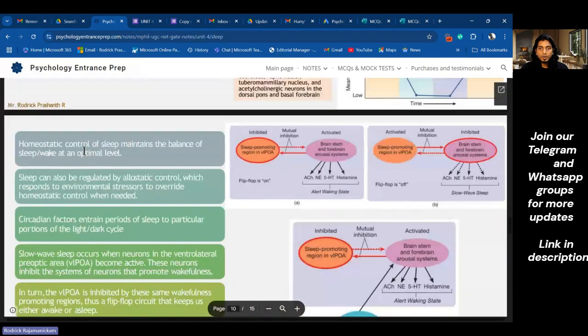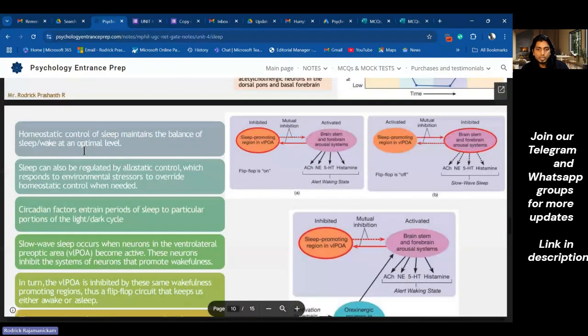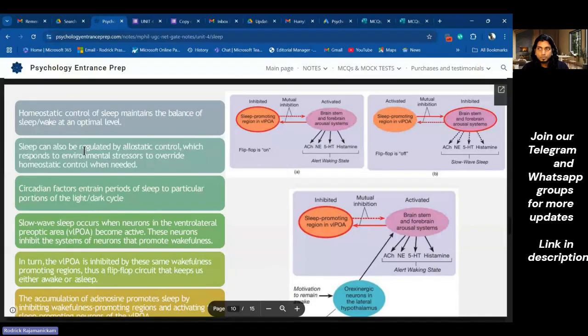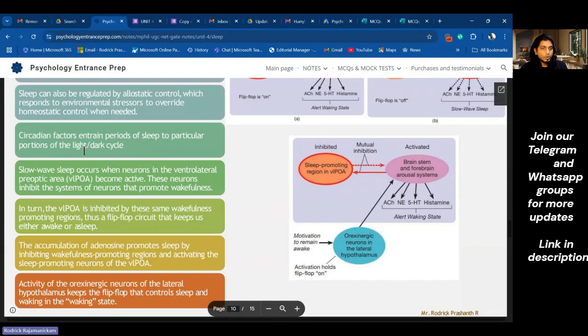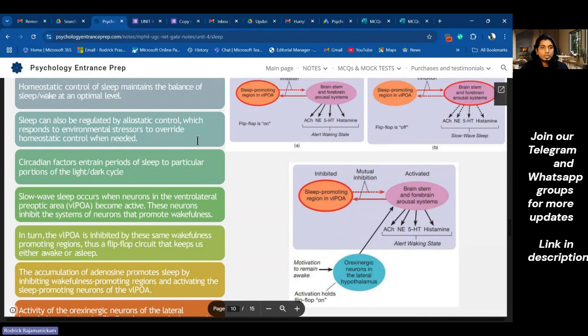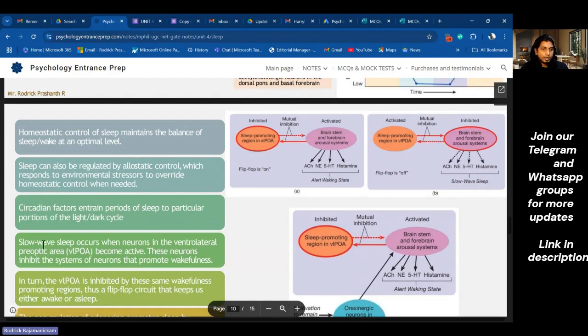And we have neurotransmitters for sleeping, which reduces arousal. Okay. The slow wave sleep particularly is related to the ventrolateral preoptic area. This suppresses those arousal producing neurons.